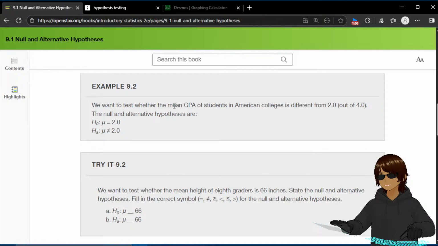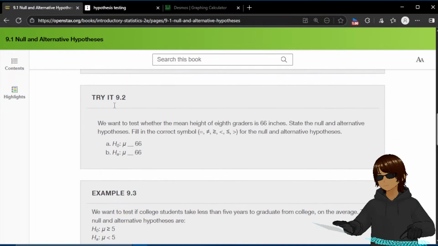We want to test whether the mean GPA of the students in American colleges is different from 2.0 out of 4.0, or rather 2.5 out of 4.0. The null and alternative hypotheses are: the null hypothesis is that the average is 2. The null is what is already assumed. The alternative is that the mean is not 2.